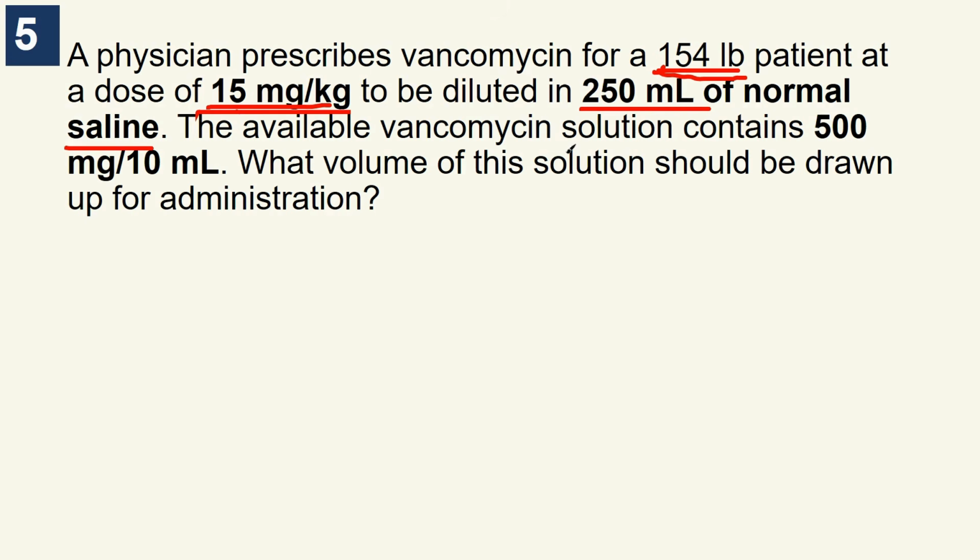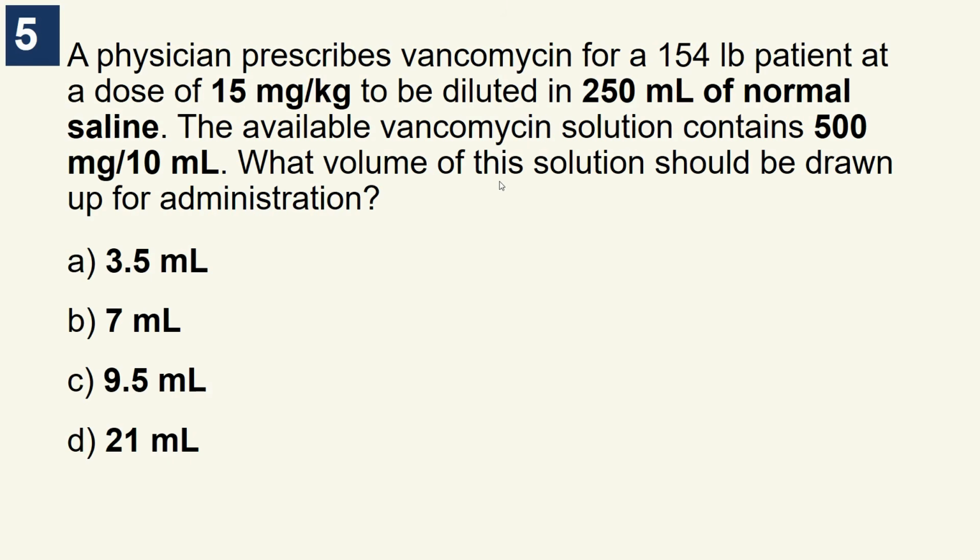But the available vancomycin comes as 500 milligrams in 10 mL. What volume should be drawn up for administering to this patient? The options are: A, 3.5 mL; B, 7 mL; C, 9.5 mL; and D, 21 mL. Pause the video and calculate it.